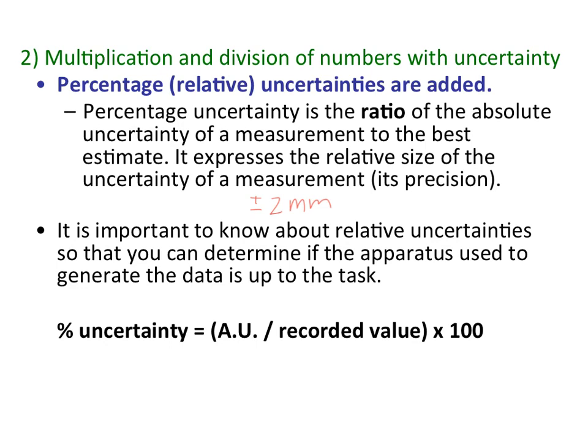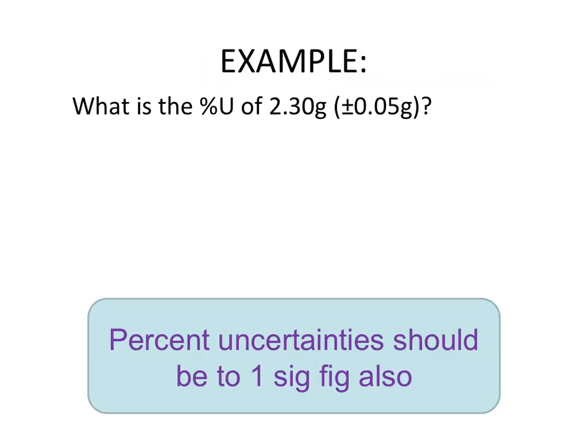So let's give this a try. So here we have our measurement, and I want to convert our absolute uncertainty into percent uncertainty. So to do this, we basically want to know 0.05 is what percent of 2.30.